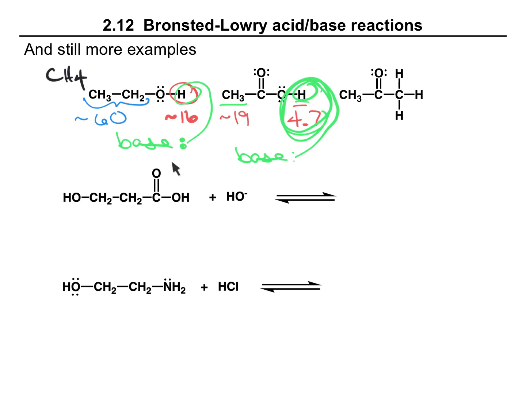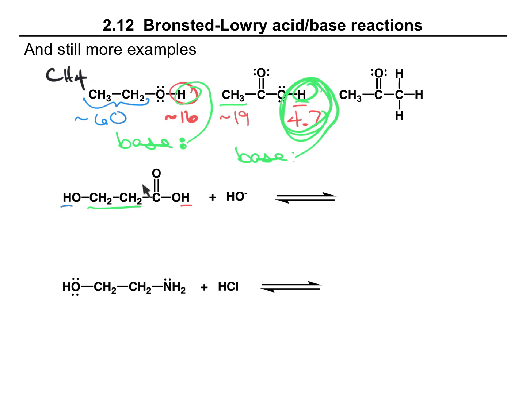If we have this compound where we have a carboxylic acid and an alcohol, and now we have a base, the base can either grab off this proton, or this proton, or any of these. So let's think about pKa values.